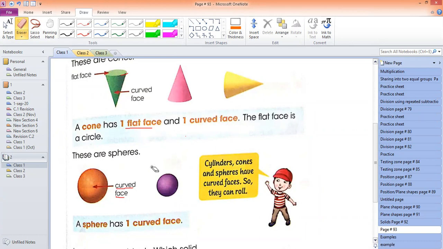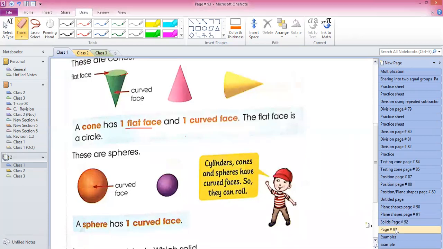Where two faces meet by a line, but it has only one face that is curved. It doesn't have two faces, so no edges. What is a vertex? Where two or more edges meet, a corner. There is no corner you can find in a sphere. So a sphere has only one curved face, zero vertices, zero edges.